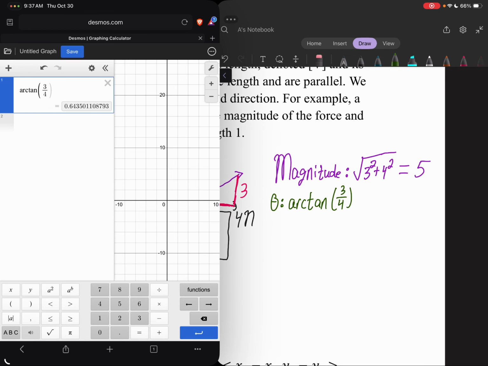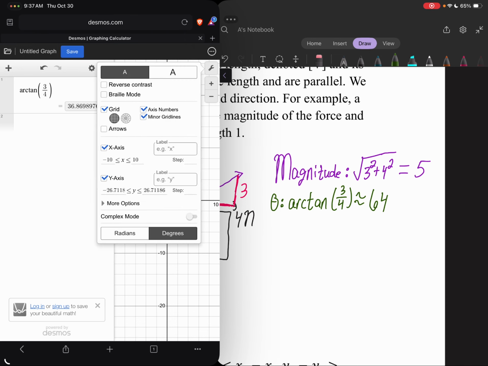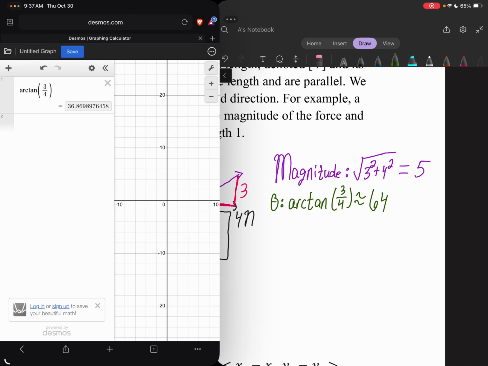I'm pushing at a degree of approximately 64 degrees. Sorry, I'm used to being in radian. I'm used to being in degrees from the testing version, not radians. I looked back and saw the decimal, so I knew it was wrong. Approximately 36.9 degrees.